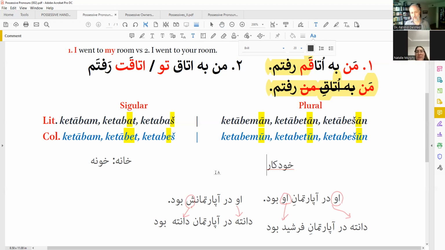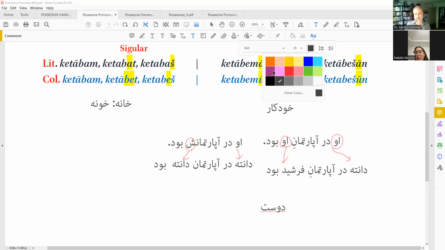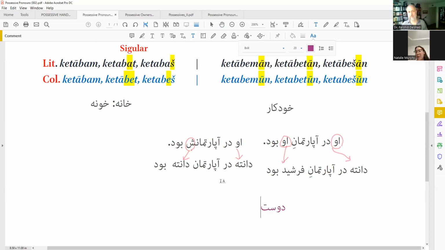What about the word دوست? In spoken, it would still be dustam, but dustet, dustesh, dustemun, dustetun, and dusteshun.